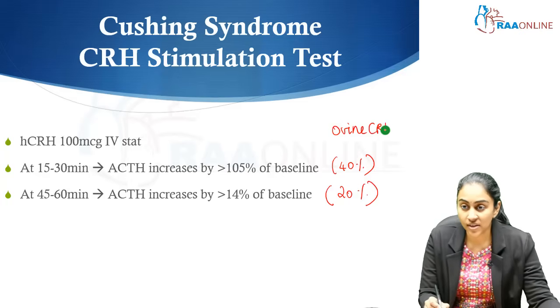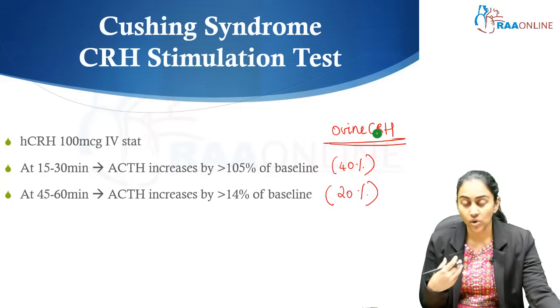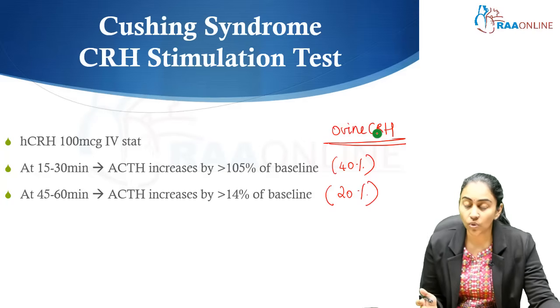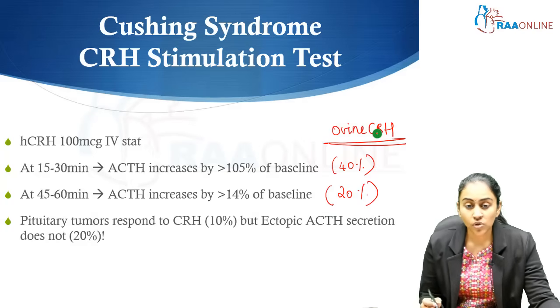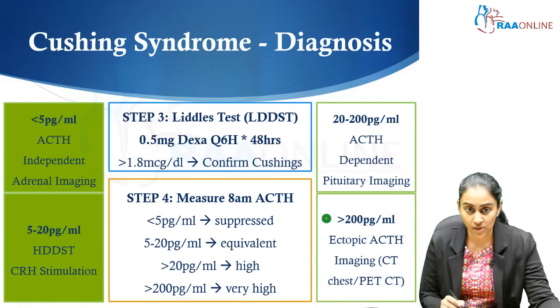If there is an increase, the rationale is the same. It is the pituitary that is going to retain the normal responsiveness to CRH, so you are looking at pituitary Cushing's. But remember, about 10% of the time the pituitary tumors may not respond to CRH. Similarly, in about 20% of the cases, although it is ectopic ACTH secretion, there may be responsiveness to CRH.